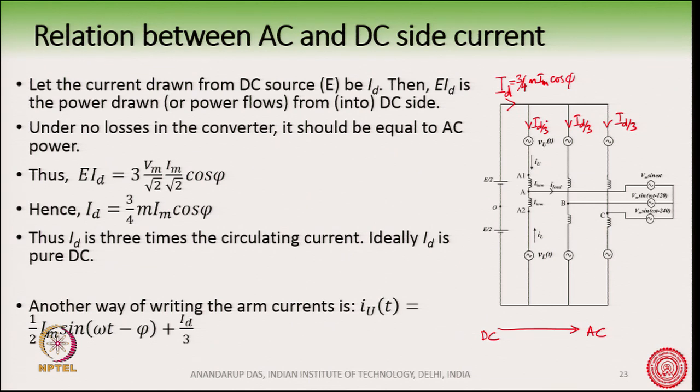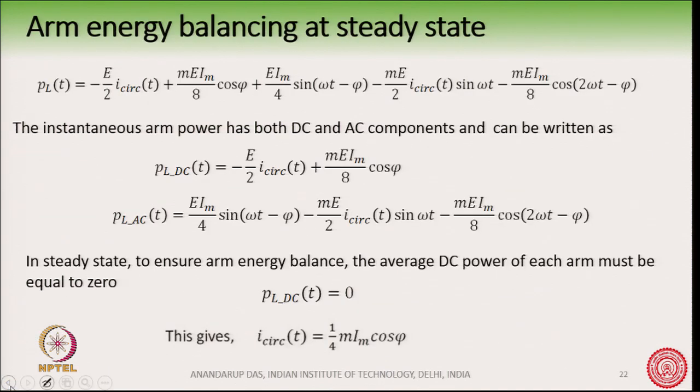So this ID by 3 will be equal to 1/4 m I_m cos phi, seeing from the power balance. This is the DC component of the current. The same value, 1/4 m I_m cos phi, we have already obtained. You see here, this is also 1/4 m I_m cos phi.